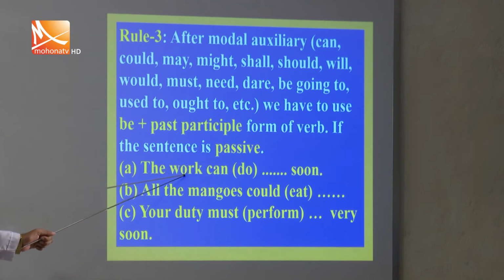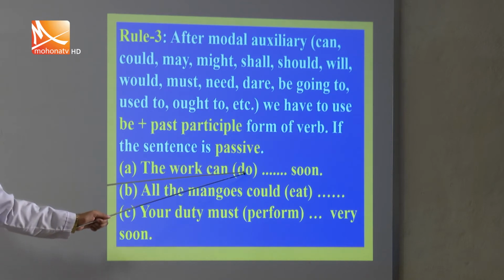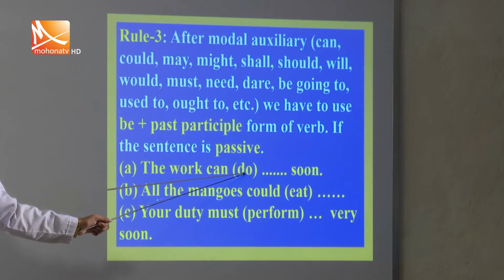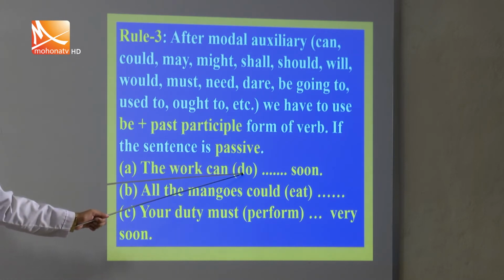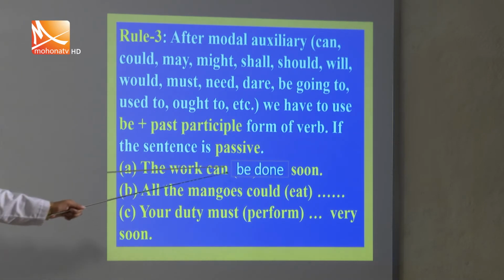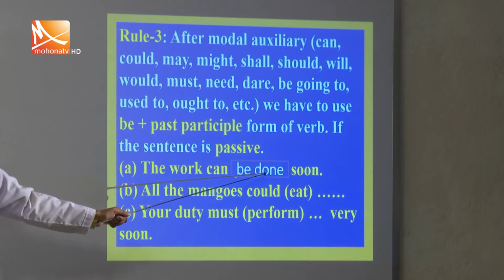So, the subject cannot perform the verb directly. So, it will be known as a passive sentence. So, the work can be done soon.